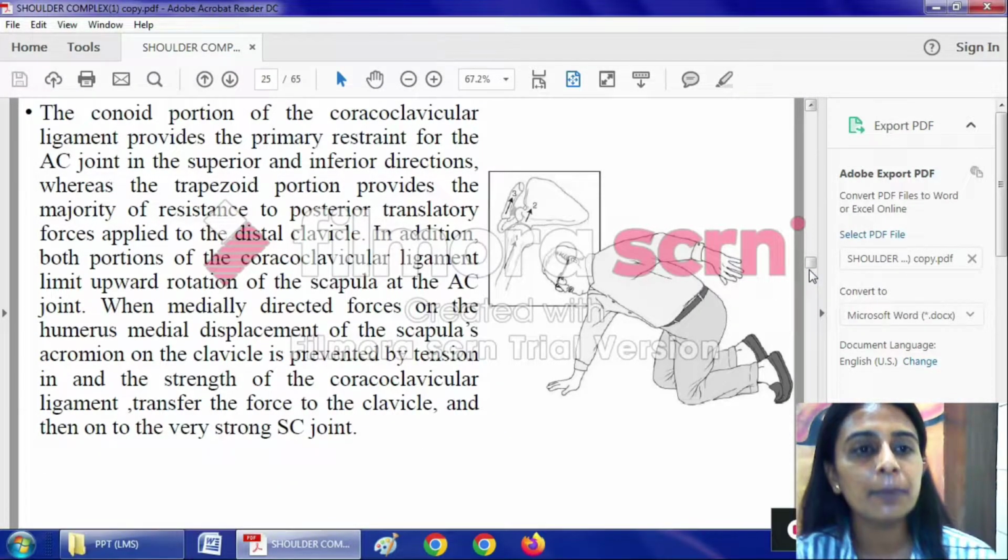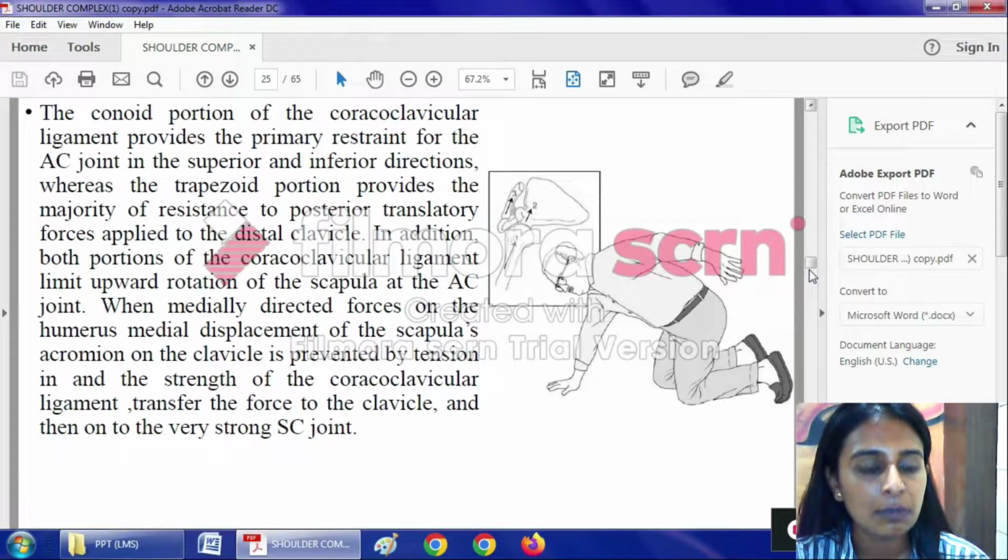The conoid portion of the coracoclavicular ligament provides the primary resistance of the AC joint in the superior and inferior directions, whereas the trapezoid portion provides the majority of resistance to posterior translatory force applied to the distal clavicle.